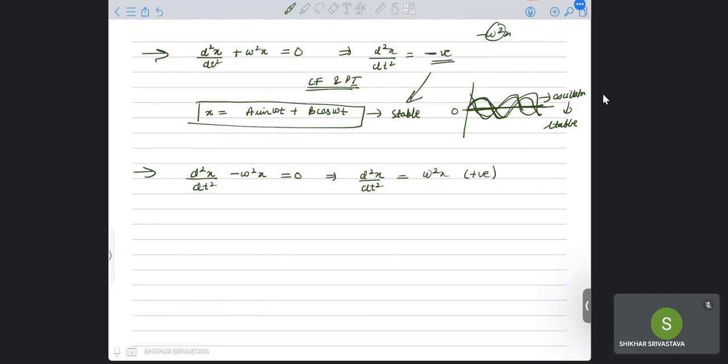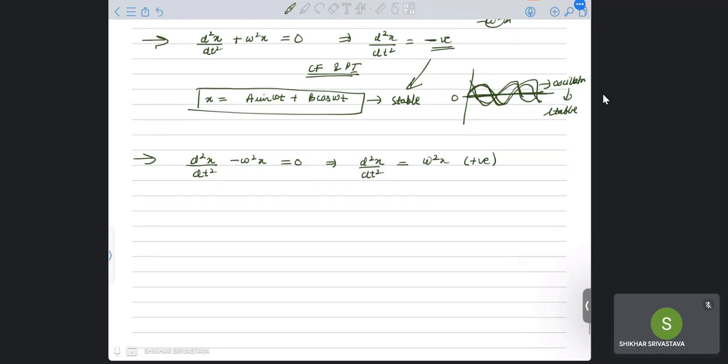In that case, your solution is in the form of exponential. So it will be maybe x is equal to e to the power omega t or minus omega t, something like that.